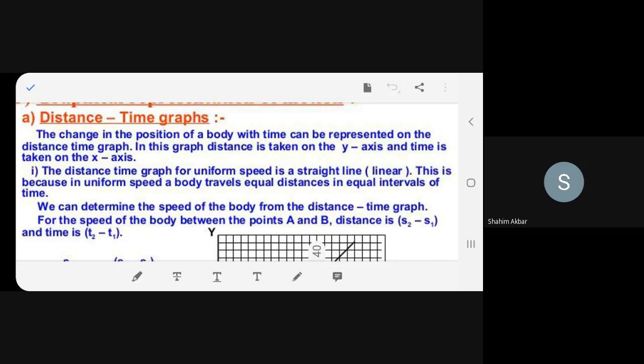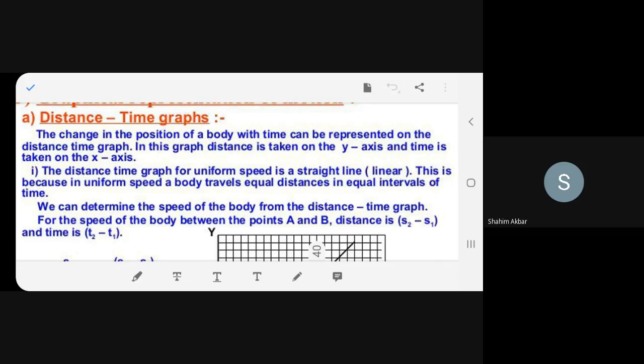Fine. Now, what exactly is a distance time graph? Distance upon time. What are we trying to find out? Speed, isn't it? Speed is equal to distance upon time. I think we did it two days earlier. This is what we are going to find out, and how we can do that is when we draw a distance time graph.